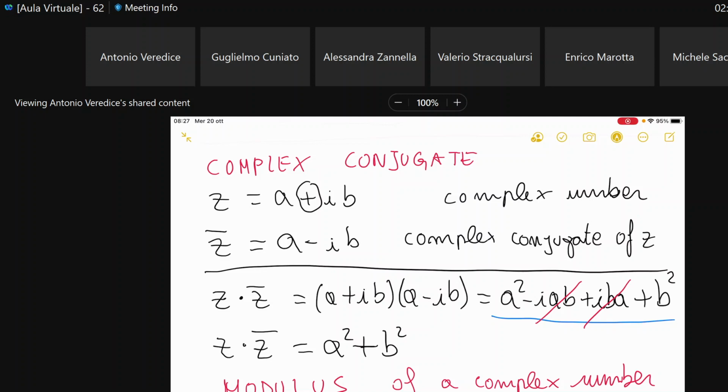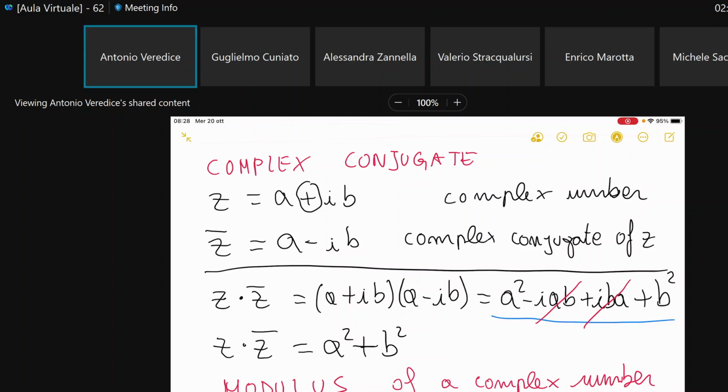It's like the norm in R2, and it's simply the square root of Z times Z overlined, which is the square root of A squared plus B squared. This is the modulus of a complex number.